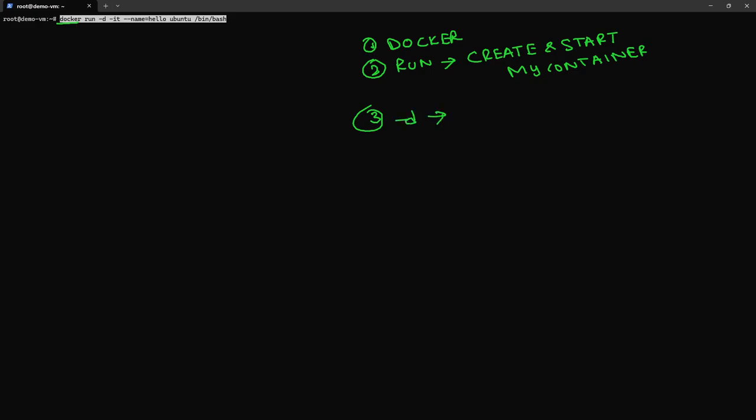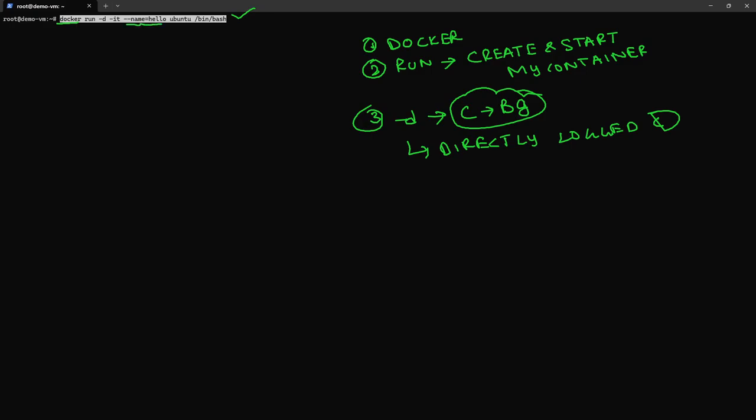The purpose of -d is, once my container is created and it is in running state, it will make sure my container will run in the background. If I run this command, my container will be created and started, but it will be running in the background. At the terminal end, you will not be logged in inside the container.